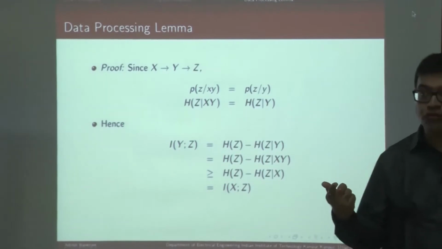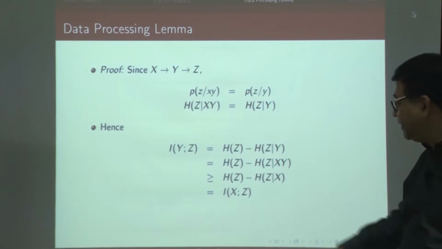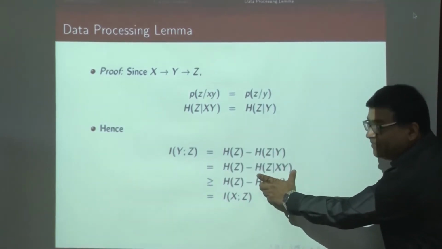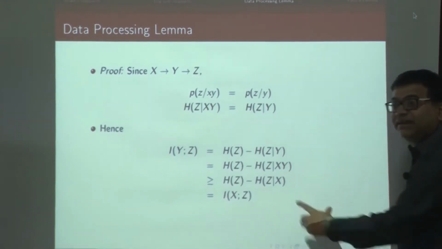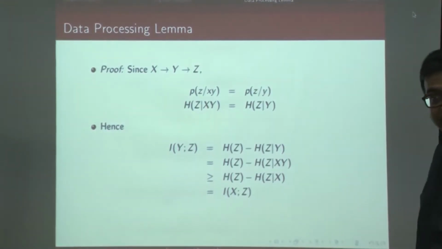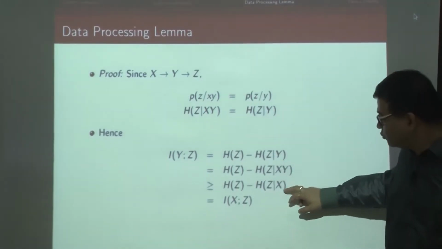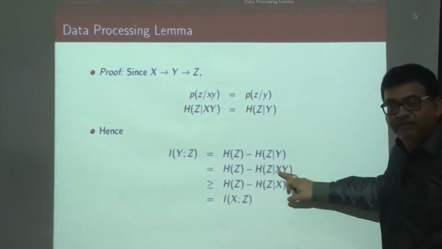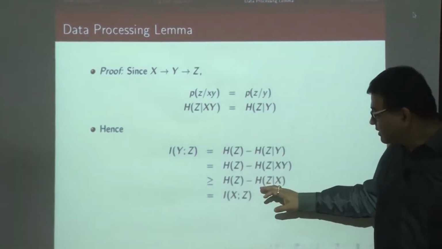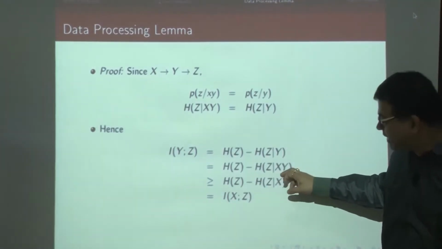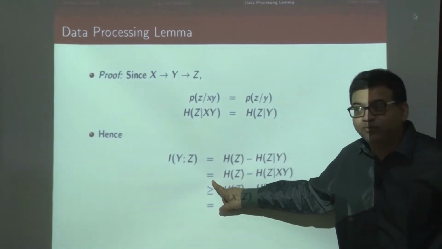Exactly. Remember, I have shown you a result which says conditioning cannot increase entropy. So uncertainty in z given x, y is less than or equal to uncertainty in z given x, because this is conditioned on x and y, this is only conditioned on x. So this quantity is greater than or equal to this quantity. So if I am subtracting an equal or a greater quantity, then this will be greater than or equal to.